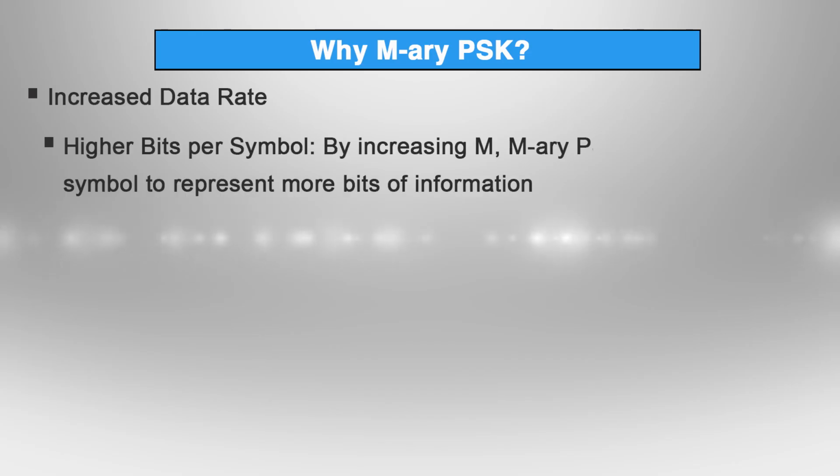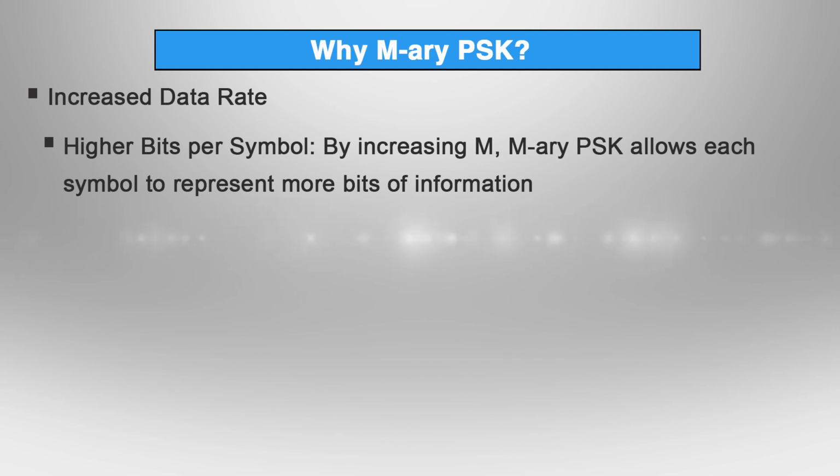M-ary phase shift keying, that is M-ary PSK, is required in digital communication systems for several important reasons related to data rate, bandwidth efficiency, and system design flexibility. Here are some reasons why we use M-ary PSK. The first one is increased data rate.